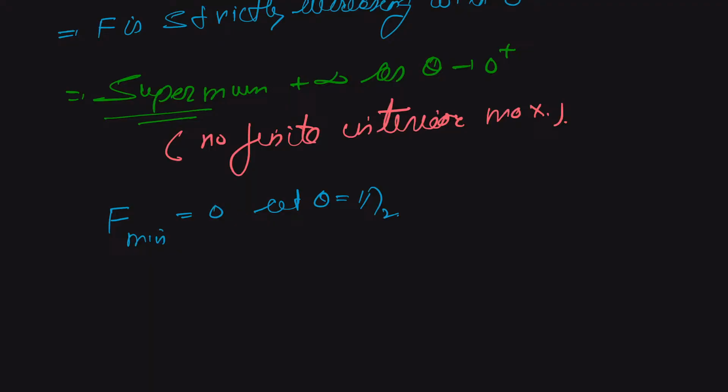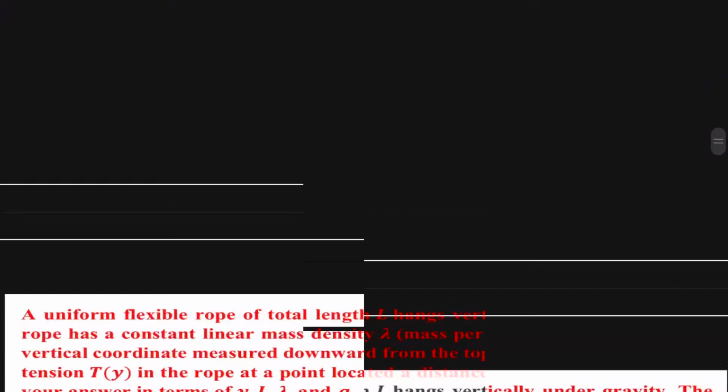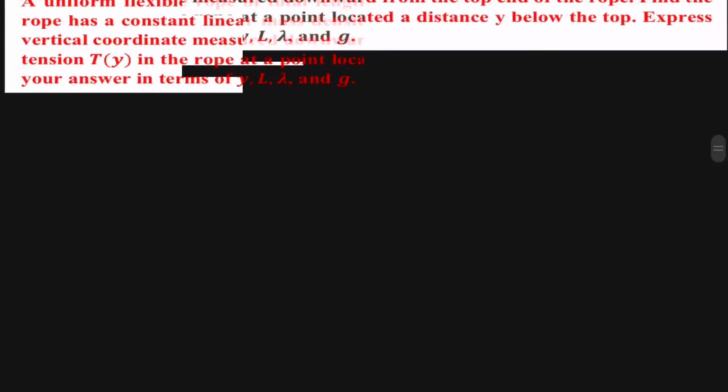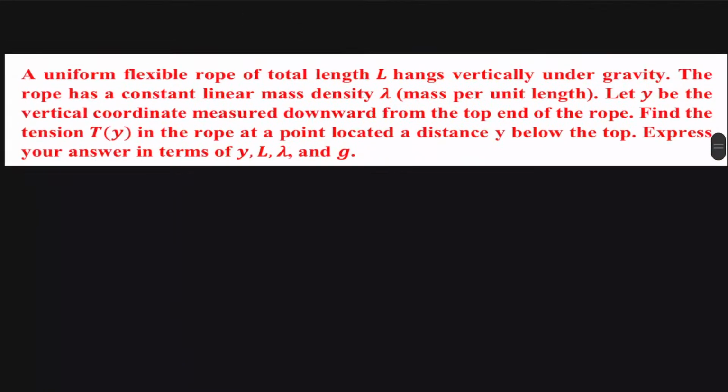So this was our first question. We come to the second question. Okay, it states that a uniform flexible rope of length L hangs vertically under gravity. The rope has a constant linear mass lambda, that is mass per unit length.